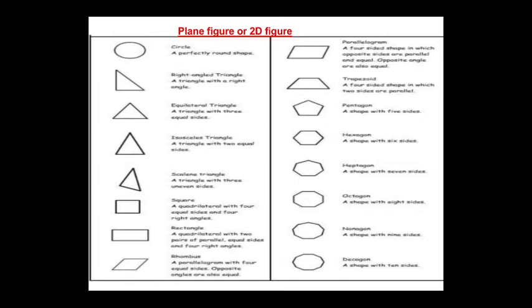A pentagon is one of the polygons with five sides. Hexagon has six sides, heptagon seven sides, octagon eight sides, nonagon nine sides, and decagon ten sides. So these are all polygons, or two-dimensional figures or plane figures.